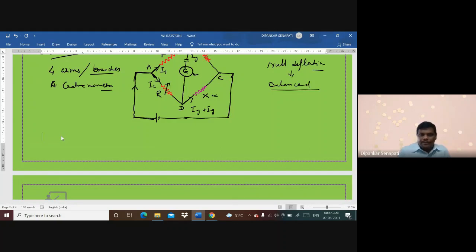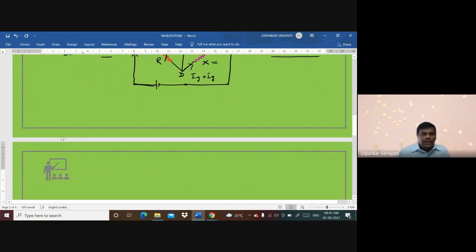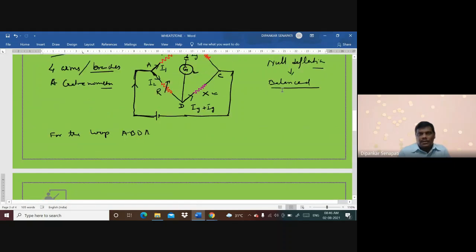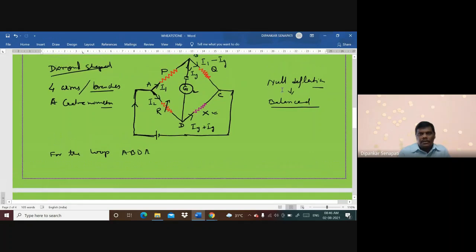You can write, for the loop ABDA, if there is potential drop across P, so P(I1 minus Ig).